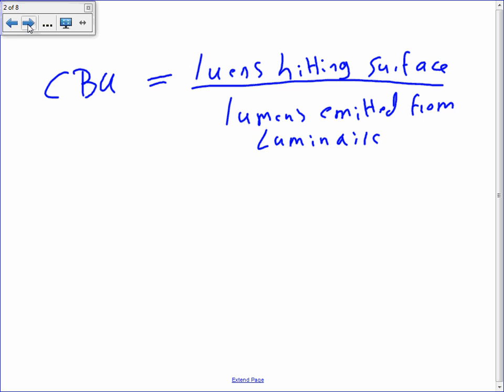Okay, so here's the formula that they use for this. You might have to write this. Lumens hitting the surface divided by lumens emitted from the luminaire. The coefficient of utilization is defined as how many lumens get out of the fixture versus how many lumens hit the surface, and they give it a factor. So for example, if I want to aim at your head here, this will be the perfect aim to get most of the light from the light onto your head.